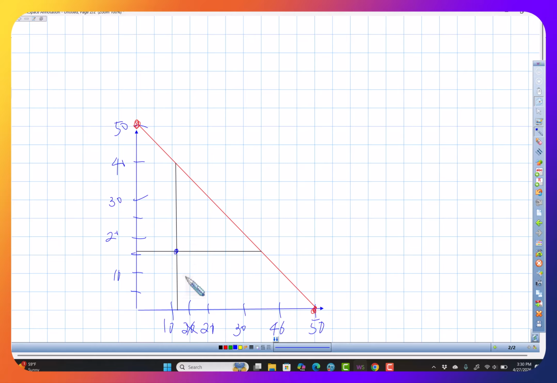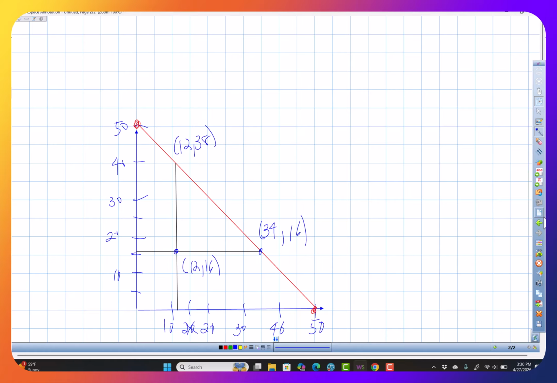So this point is 12, 16. This is 50 minus 12, so this is 12, 38. And here we have y is 16, so if the total has to be 50, this is 34.